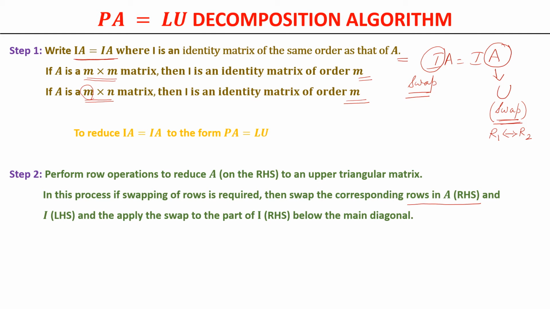More so, for the right hand side I that I have, I must perform the swap only on that part of the identity matrix which lies below the main diagonal.